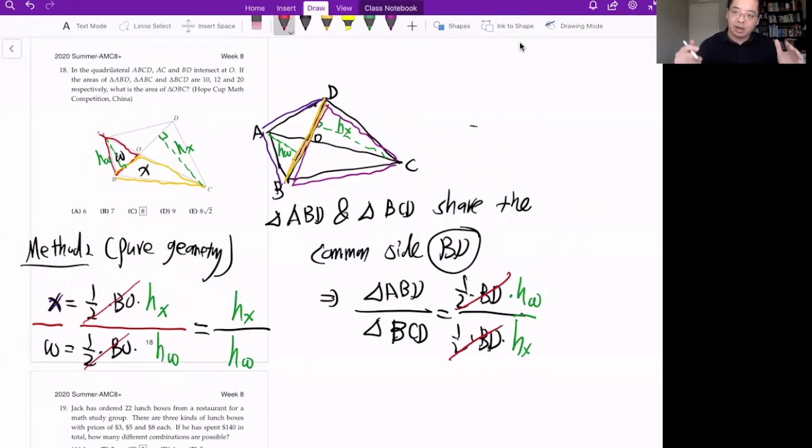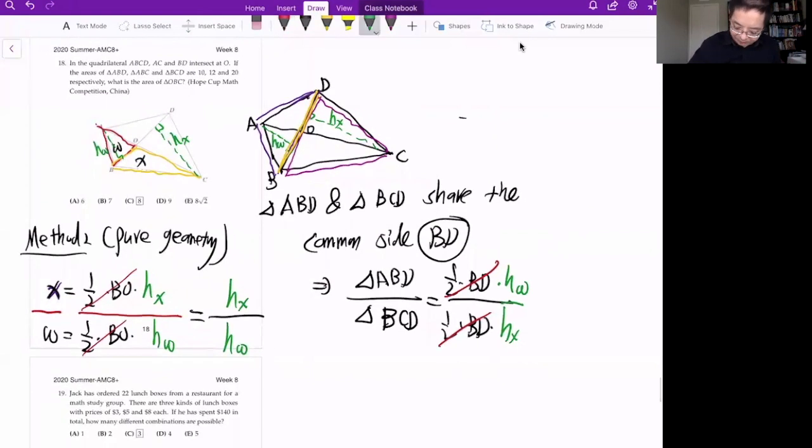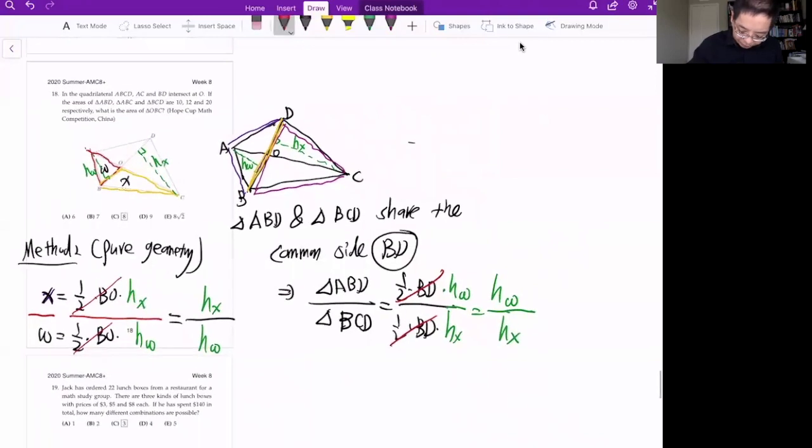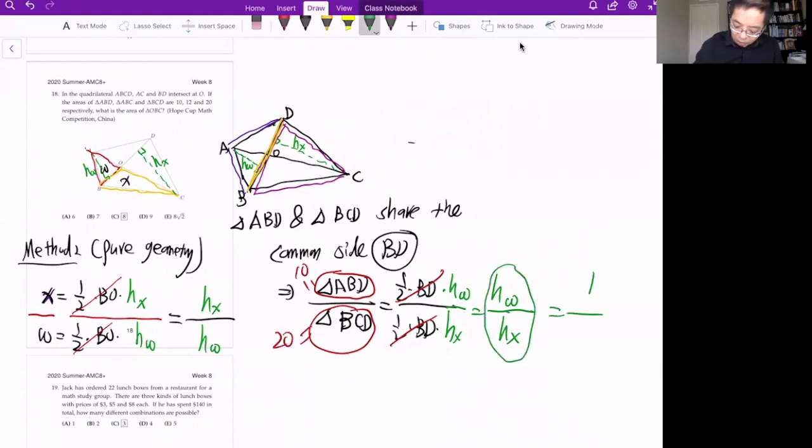If they share the same base, a common side, then the ratio between the areas is just the ratio between corresponding heights, right? So this is HW over HX. Well, we already know the area of ABD is 10, and the area of BCD is 20. This tells us the ratio is 1/2.